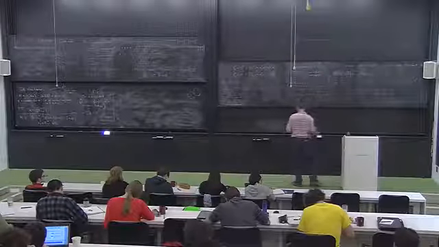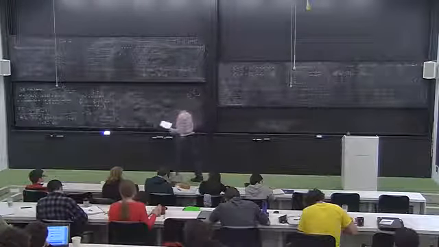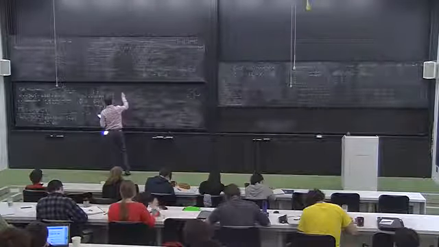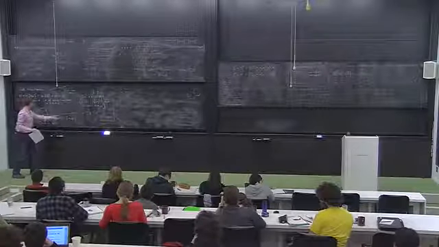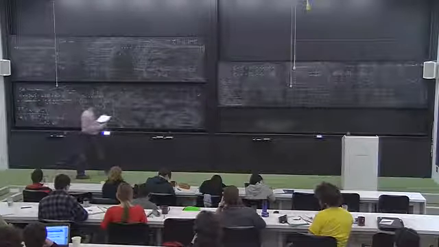So in a lattice with inversion symmetry, we can write this H naught in a slightly simplified form. Basically, what happens is that this gamma minus k becomes gamma k, and we can just commute these two and put everything together.